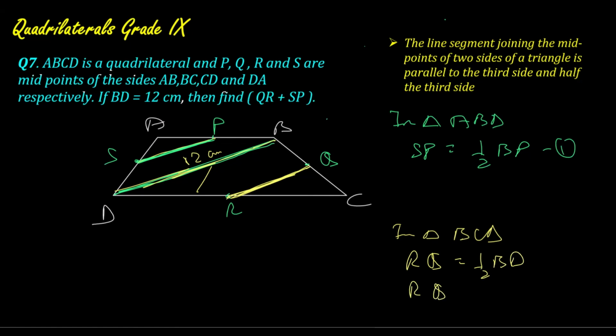We know the length of BD. So half of BD, that is half of 12. So the length of RQ is 6 here.